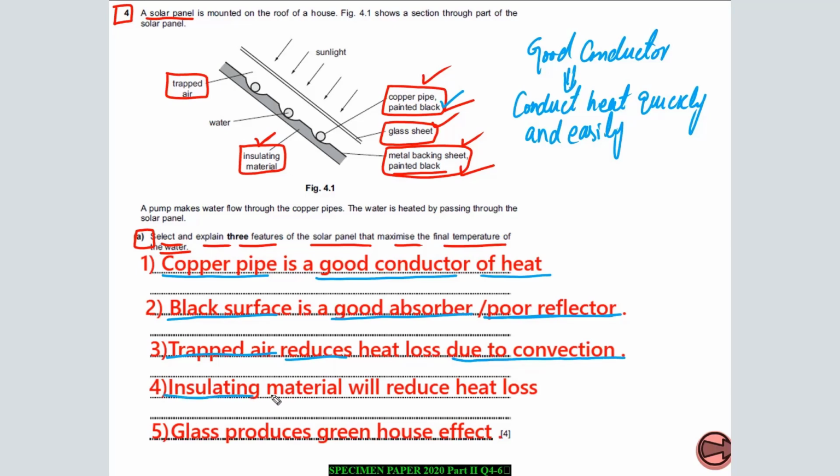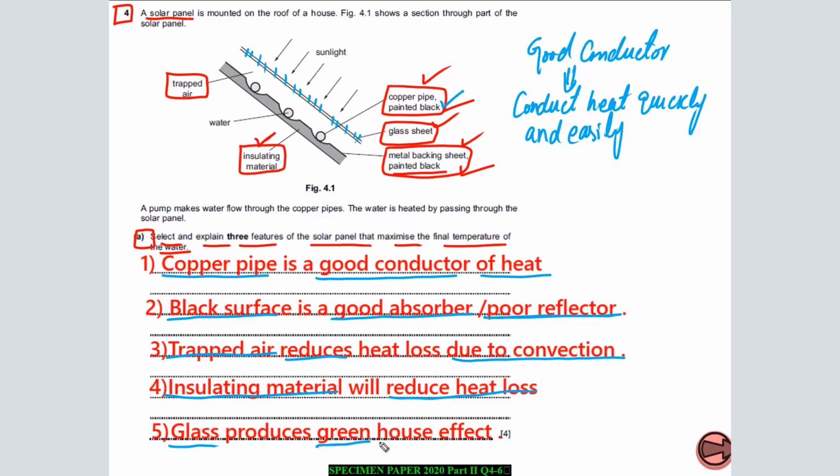And fourth one is insulating material. Why there is insulating material under this copper pipe? Because it will reduce heat loss. And fifth one is glass. Here you can see we are using this material, and this one is made of glass. Why we are using glass here?